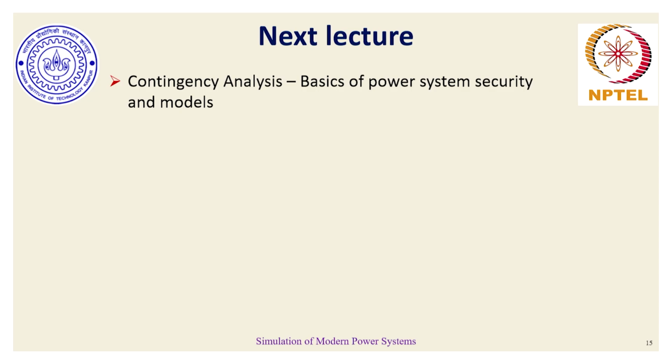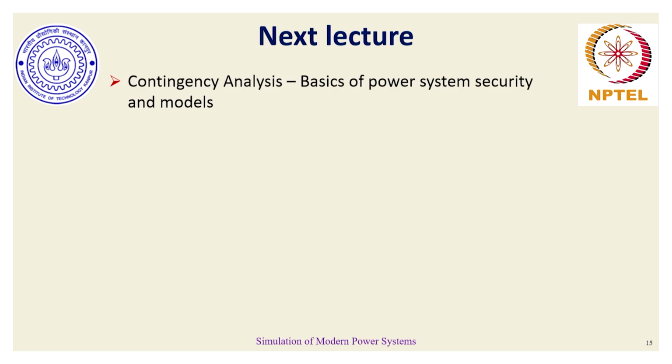With that, I conclude this discussion. The next discussion will be the beginning of our next important module known as contingency analysis or security analysis, in which we will start with a basic understanding of what power system security is and what the typical models used for contingency analysis or security analysis are.